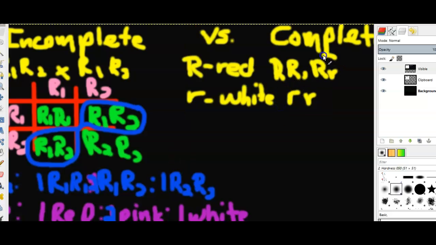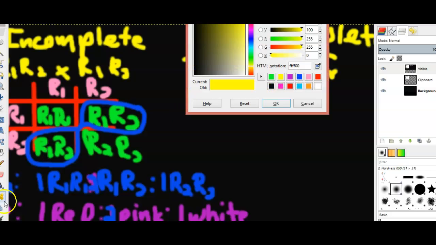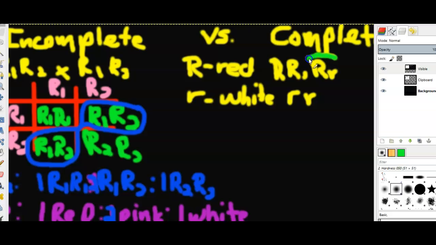Look at the heterozygote. Oops, this would be green. So look at the difference of the heterozygote. The heterozygote shows the dominant trait. Over here, the heterozygote shows a mixture of the 2 extremes, the red and the white. So it will be pink.